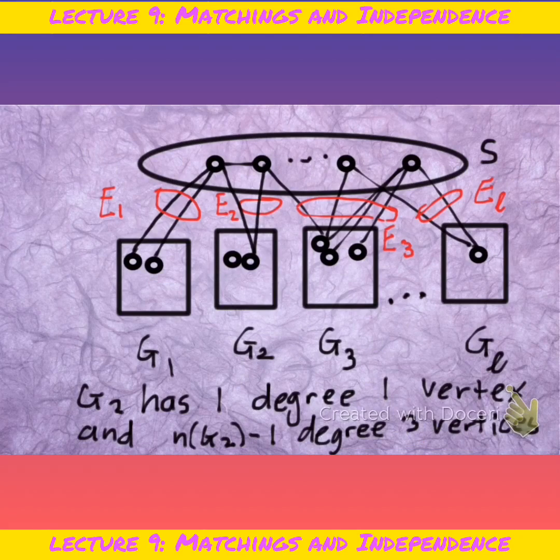Right, let's see what happens if 2 edges in E2 are incident with the same vertex in G2. Then G2 has 1 degree 1 vertex, and in G2 minus 1 degree 3 vertices.